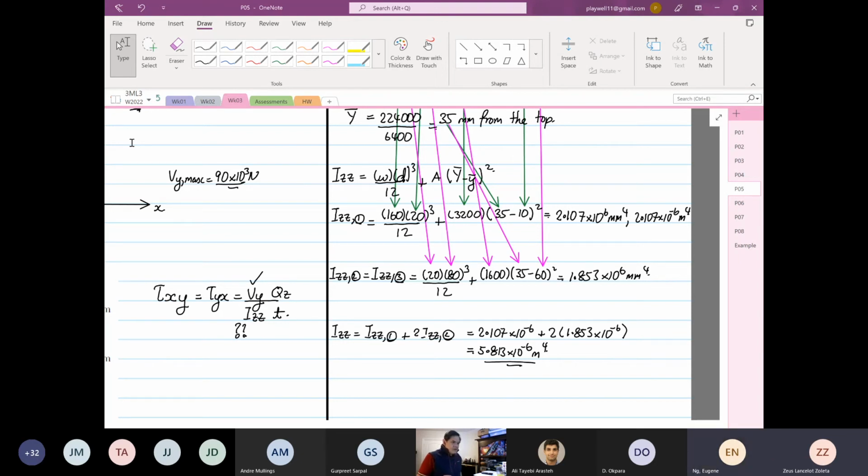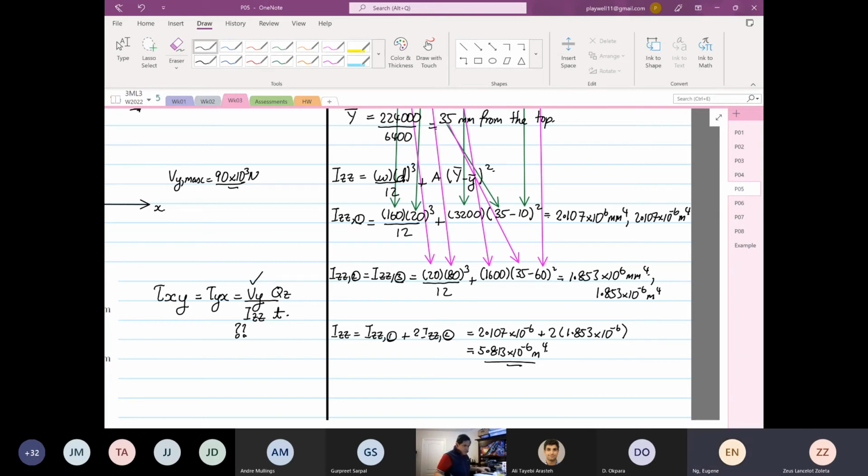Did we take the negative power of IZZ? Because it's in meters, I think I'm answering your question right. So this is 10 to the power minus 6 meter. The unit changes.